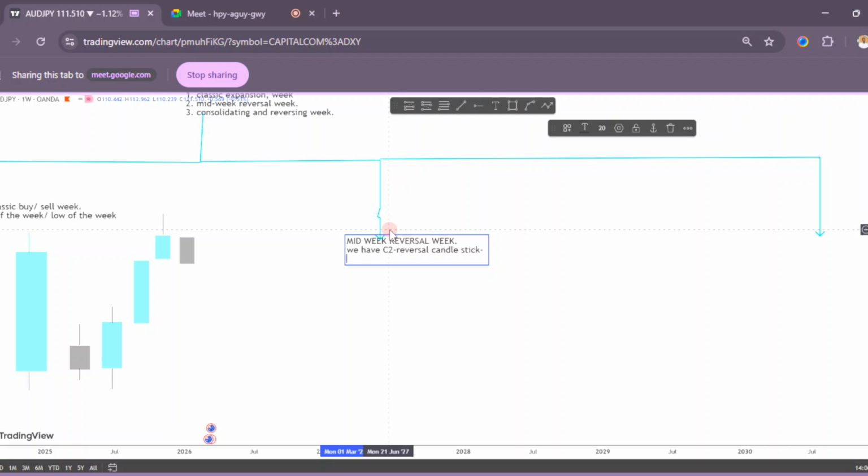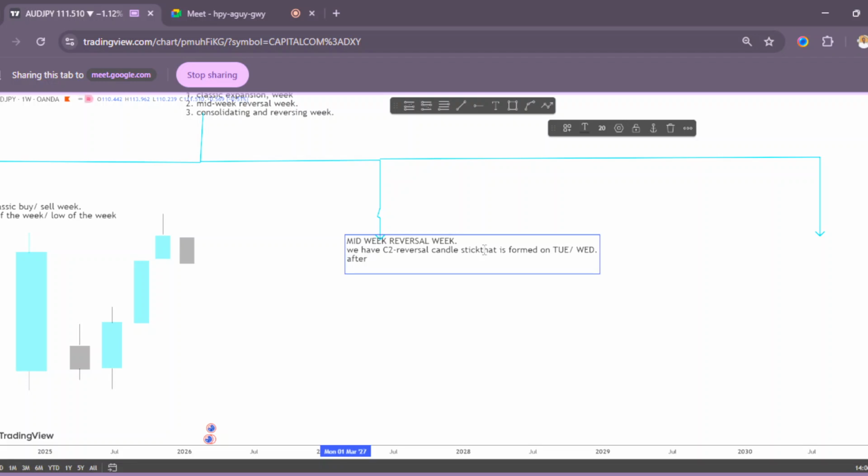It's a reversal candlestick which is formed on either Tuesday or Wednesday. And then in this week, after C2, what do we expect? We expect an expansion higher.